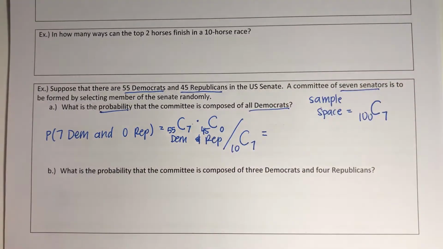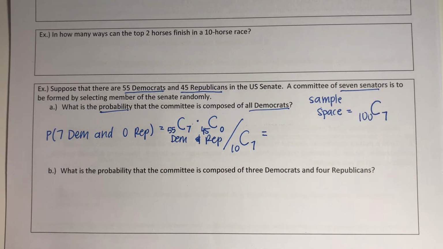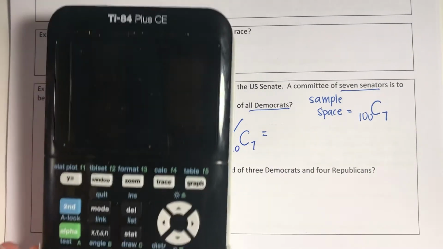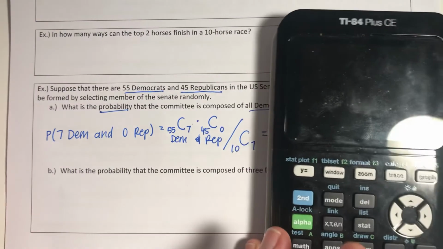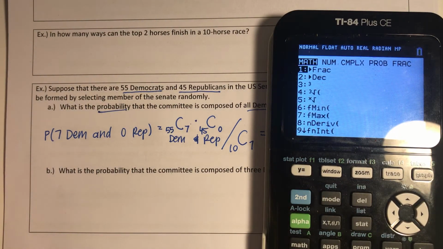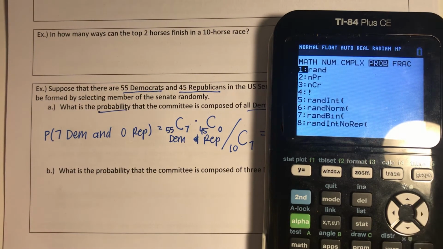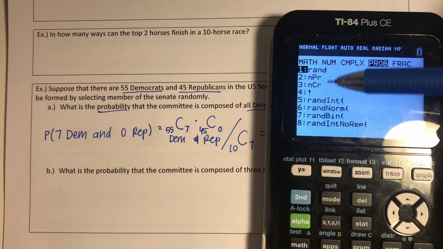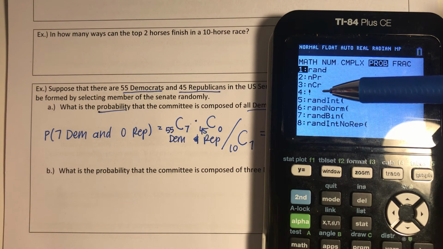7. And then again, remember, in order to use your graphing calculator, we are going to go to Math. You're going to scroll over to PRB in order to access these buttons that we have for permutations, combinations, and factorials.